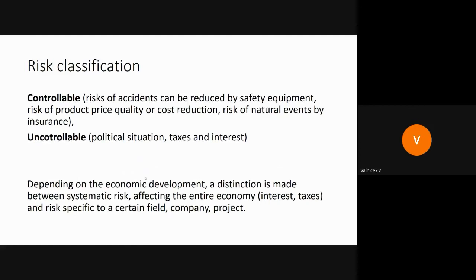Uncontrollable is, for example, the political situation, the taxes and the interests. They are depending on the economic development, and the distinction is made between systematic risks, which are affecting the entire economy, and specific risks to the specific field, company, or project.